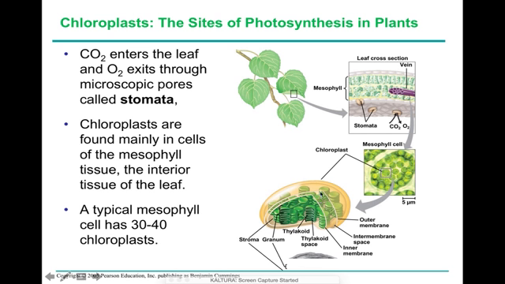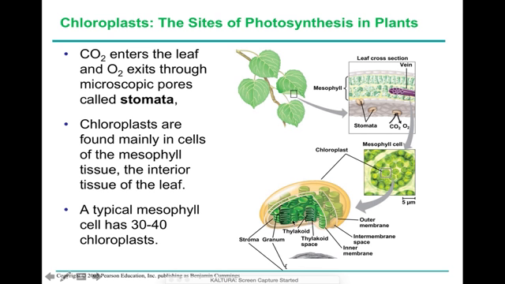It is made of outer and inner membrane. Inside this inner membrane, the fluid is called stroma, and spread out in this stroma are the membranous discs called thylakoids. Each of these green discs is called a thylakoid.